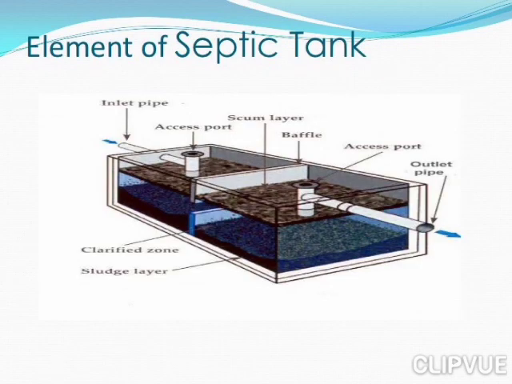So here is the full element of a septic tank. We can see the inlet pipe, the access ports, the scum layer, the baffle, another access port, the outlet pipe, and the clarified zone along with the sludge layer.